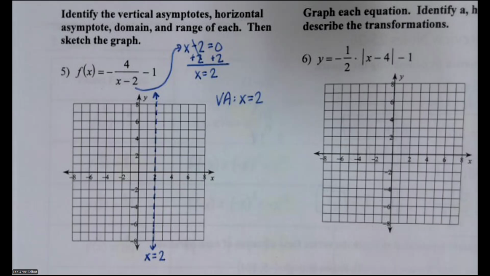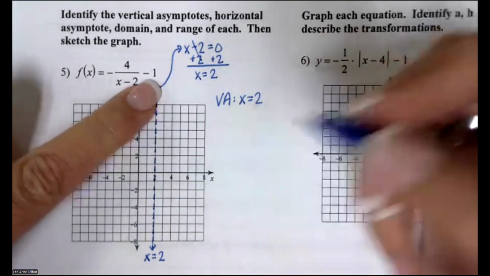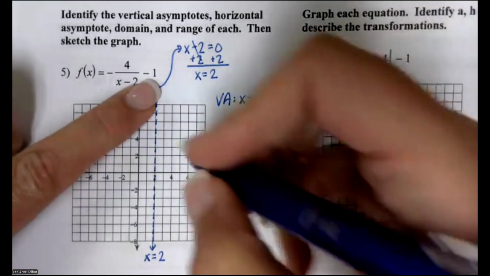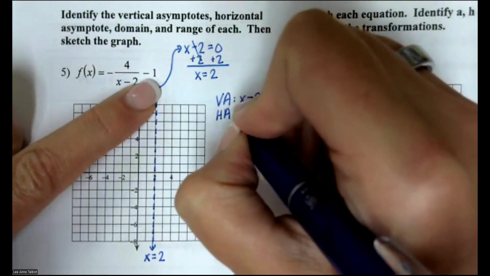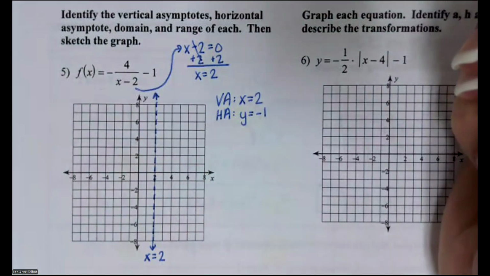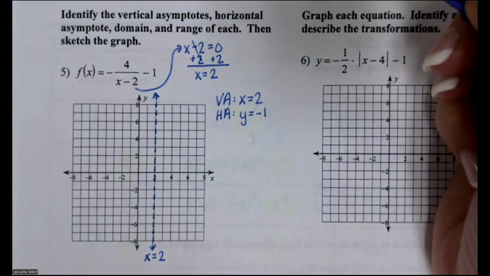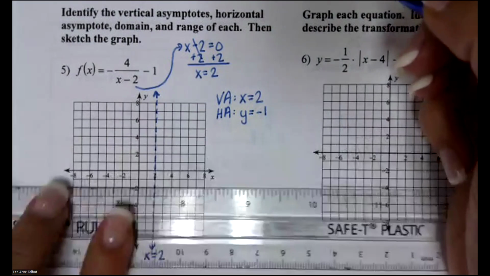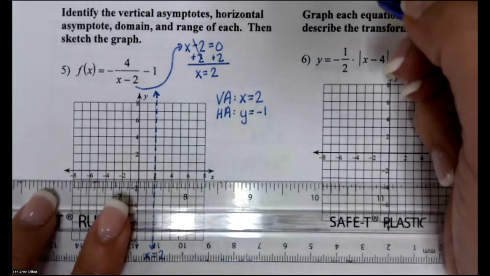So if x is 2, it makes the bottom 0, and you can't divide by 0. Gorgeous. Okay, next one. You look at the number on the end. That's your horizontal asymptote. And the reason for that is because it's a shift down 1, so that's a transformation.